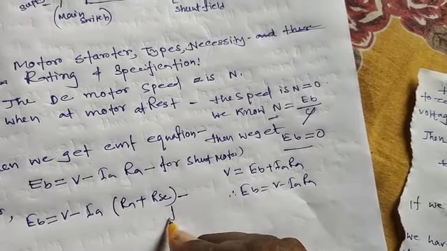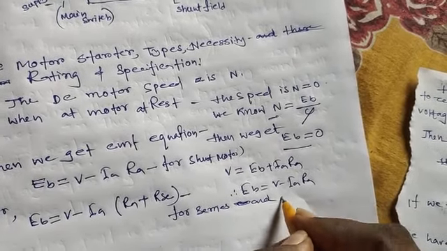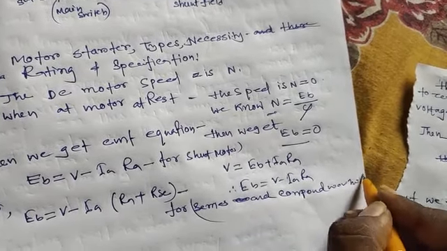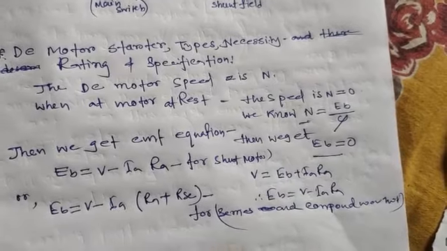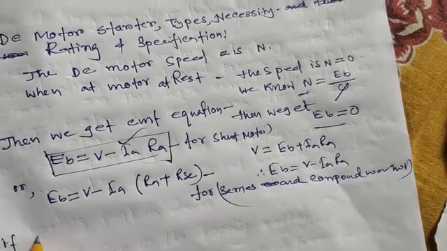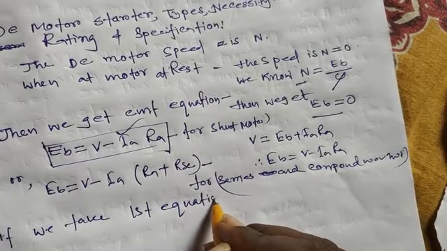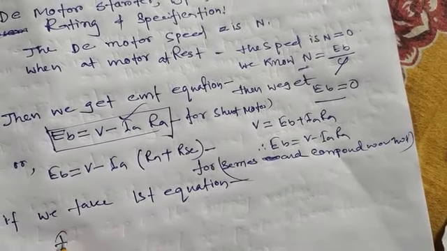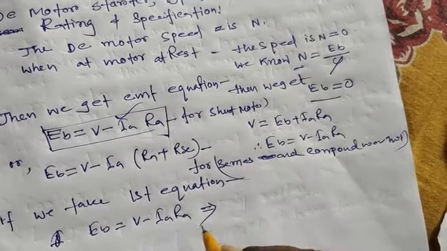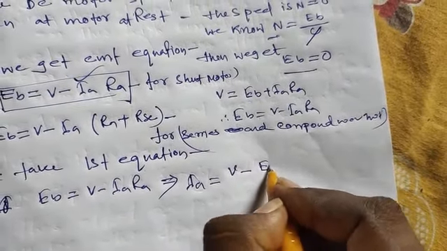This equation is for series and compound motors. If we take the first equation, EB is equal to V minus IA RA, then we get armature current IA is equal to V minus EB by RA.